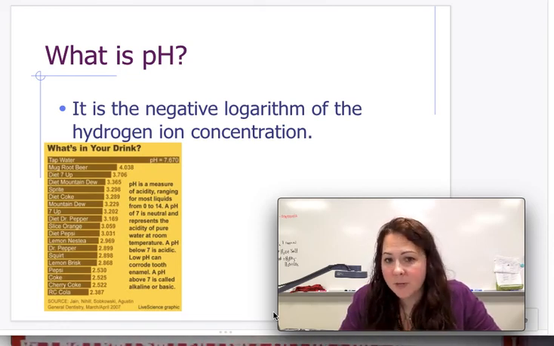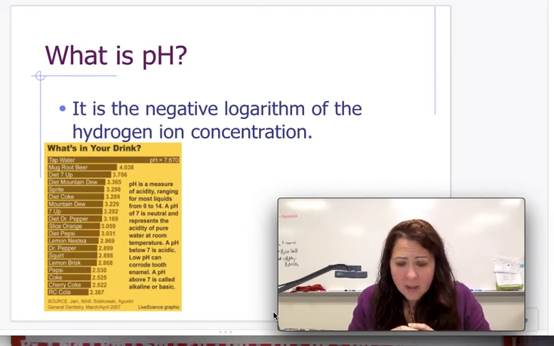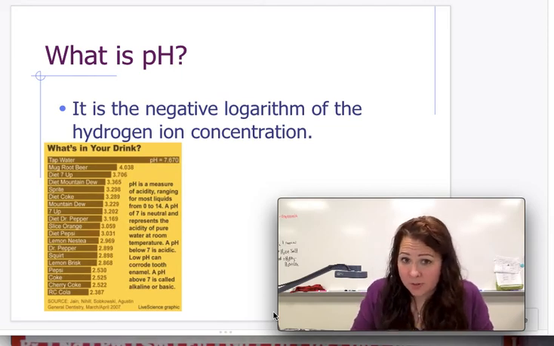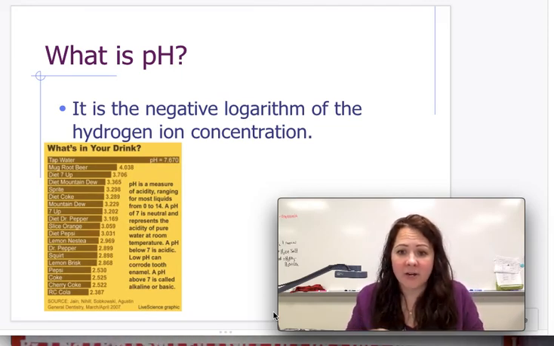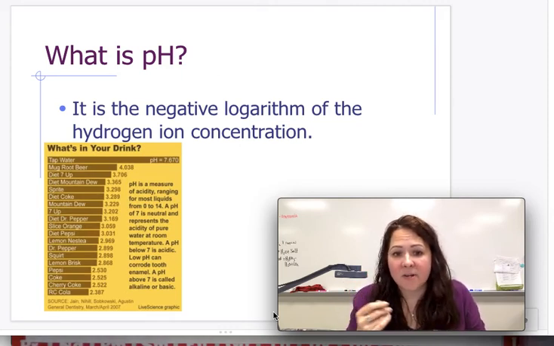But looking at just your pH first, it is a mathematical way of figuring out the hydrogen ion concentration so we can have a number that we can compare. So we're looking at how many hydrogen ions are present. And it's on a logarithmic scale.